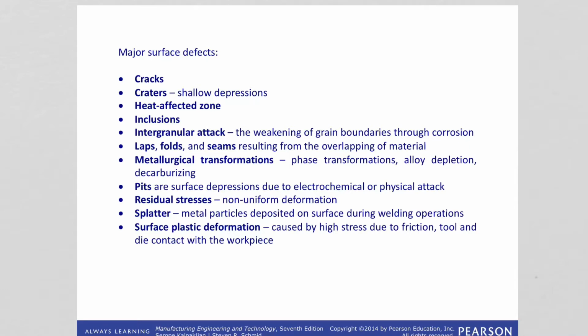Heat affected zone. This is the portion of a part that has been subjected to thermal cycling without melting, like in some welding operations. Inclusions, we have seen that before. These are non-metallic, very small elements or compounds in the bulk of the material.